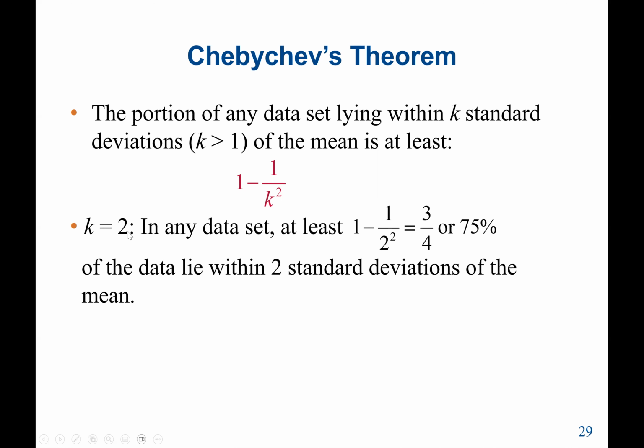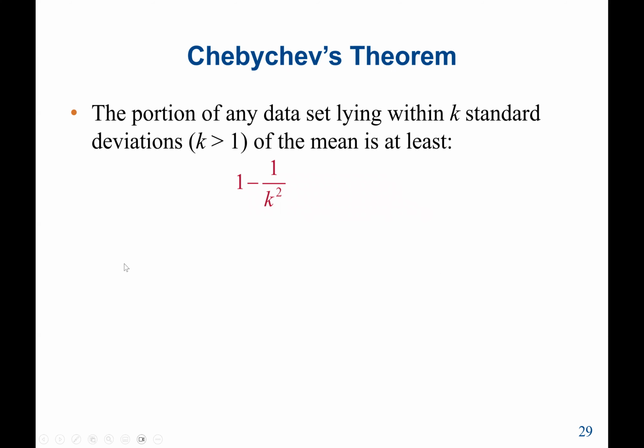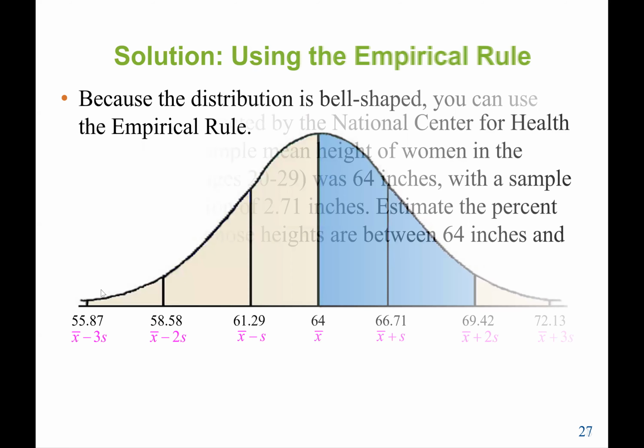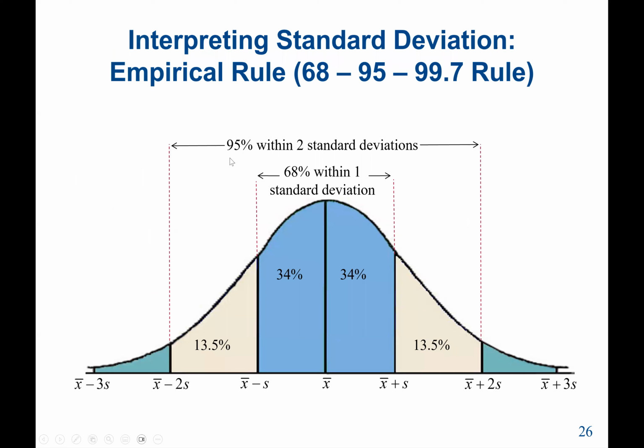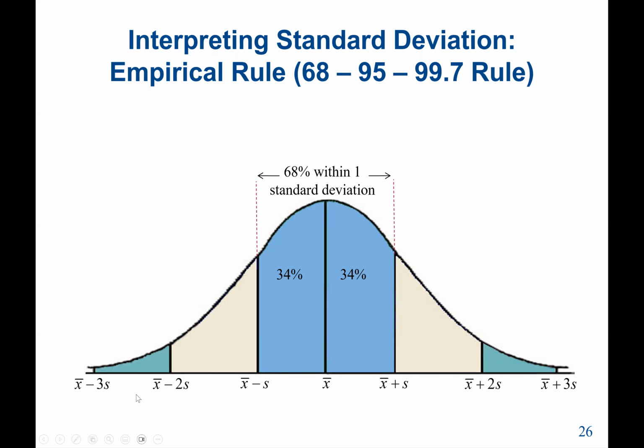Now in our previous example, we have 68, then 95, then 99.7.